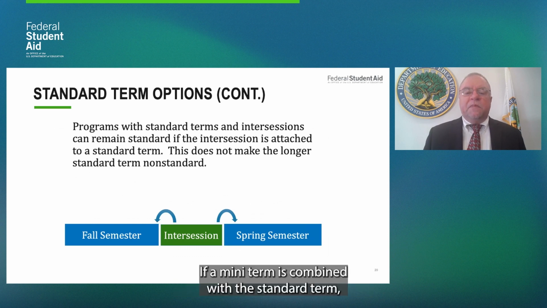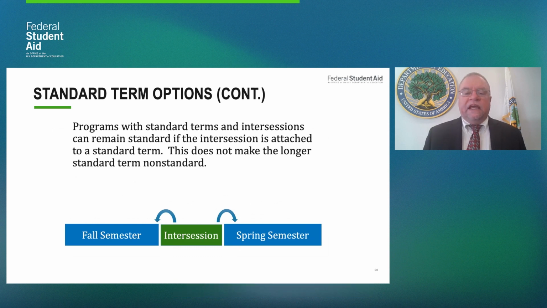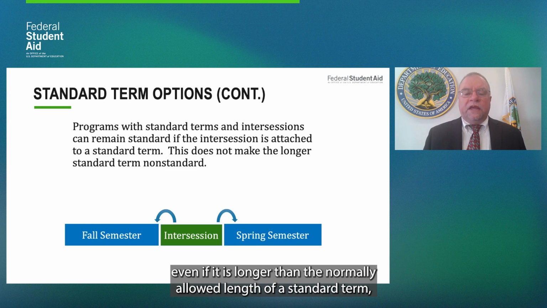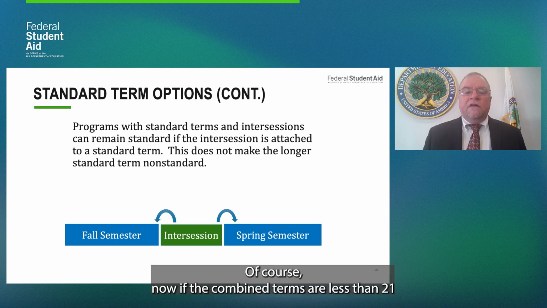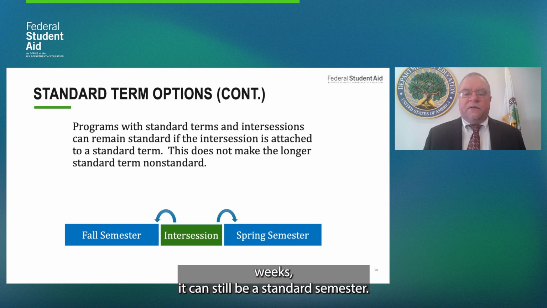If a mini-term is combined with a standard term, even if it is longer than the normally allowed length of a standard term, we allow the longer term to be treated as standard. Of course, now if the combined terms are less than 21 weeks, it can still be a standard semester.